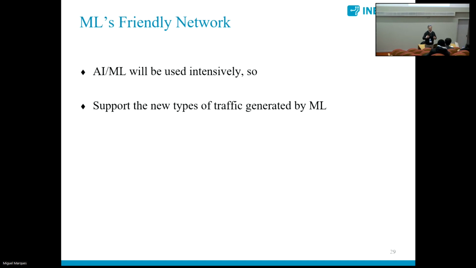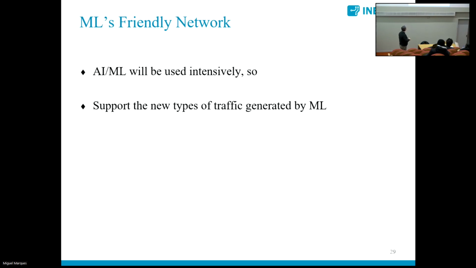And so new types of traffic, new ways of transforming information, will appear. That is, we are not going to transmit the information for senses, but brains will have to communicate directly. And by doing that, we have to build communication networks to support these new types of traffic.